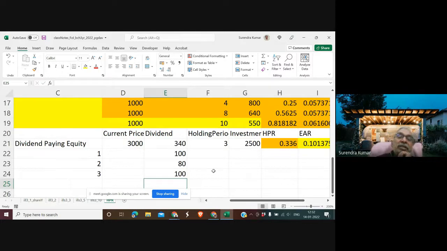But that only makes it 280. So should we have dividend received equivalent to 340 rupees, or should we have something else?